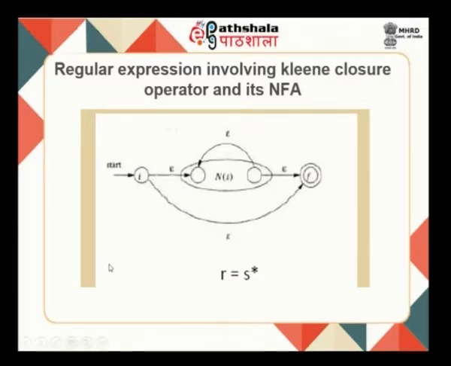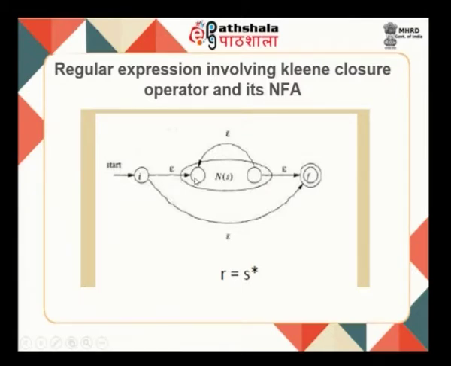The next one is the Kleene closure operator, S star. Again, I have a base RE constructed and the corresponding automata here, N(s). I will introduce two states, one start and one final. I have a transition from this state to this state on epsilon, old final to new final on epsilon, new start to old start on epsilon, old final to old start on epsilon.